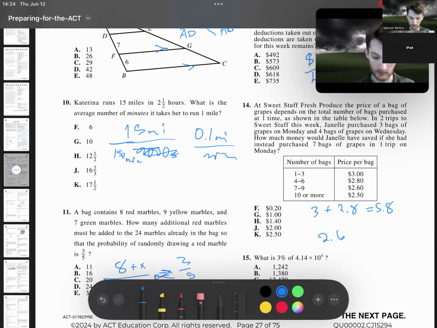That's not an answer. What did I do? Oh, price per bag.